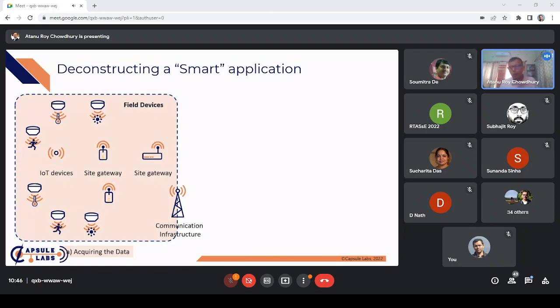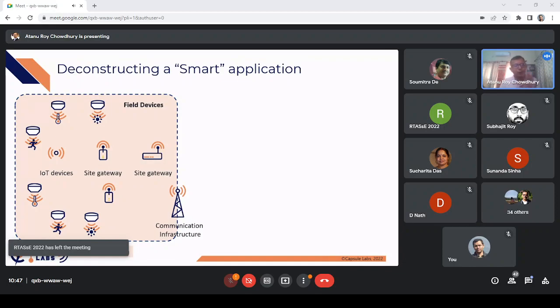So each industry had developed their own set of protocols to work with the devices they are most familiar with. In home automation, some of the biggest players had typically been Zigbee and Z-Wave on the protocol side. Nowadays, we see that getting replaced a lot with Bluetooth and Wi-Fi based systems, because we have these two protocols available on our cell phones as well. So the first part is acquiring the data from that entire network.